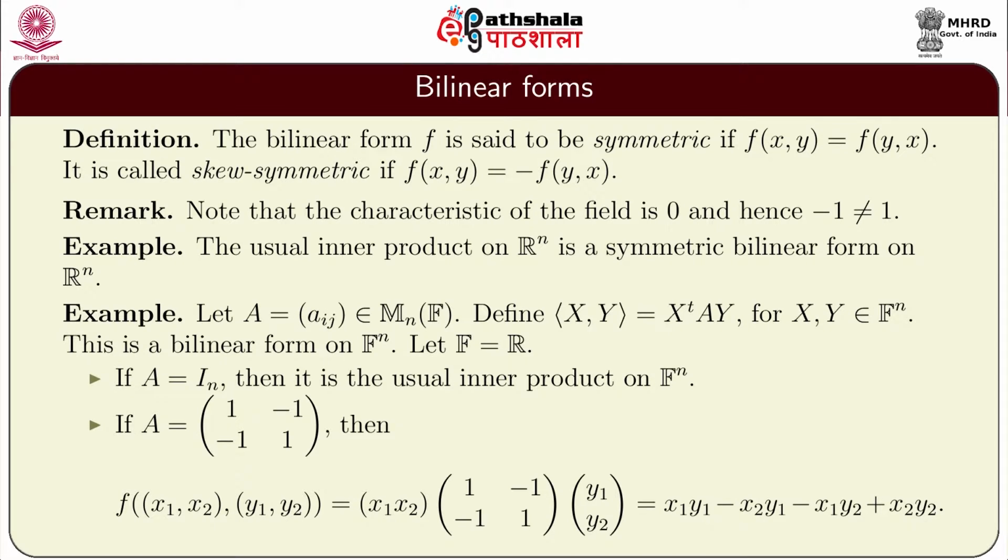Now, if F is the real field and if we take A to be the n cross n identity matrix, then this bilinear form is nothing but the usual inner product on Fn.